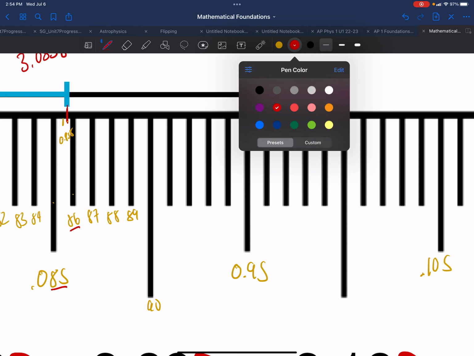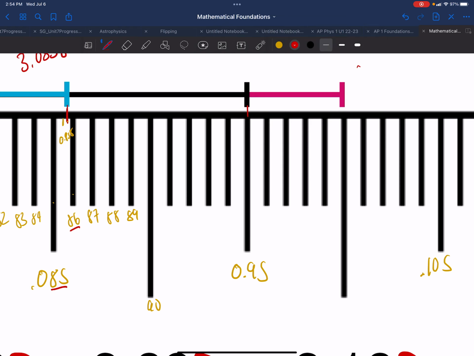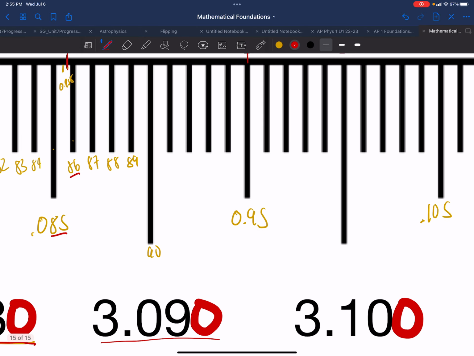Now we go to this next one. It is on the mark. Now we said this is 090 and 095. So this is 091, 092, 093, 094, 095, and it's exactly on the mark.